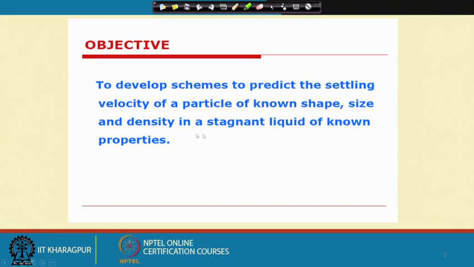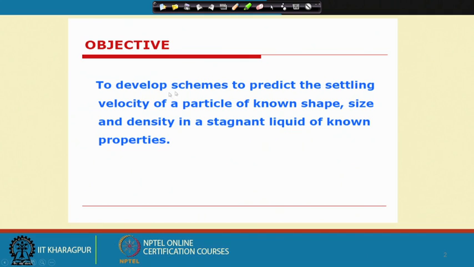So, I will confine this talk to this objective, that is to develop schemes to predict the settling velocity of a particle of known shape, size and density in a stagnant liquid of known properties. That means the fluid is not flowing, but in reality you have fluid flow also.